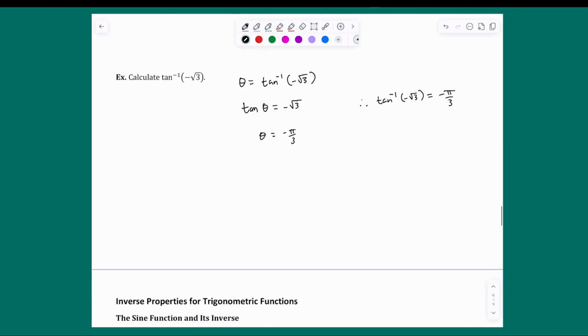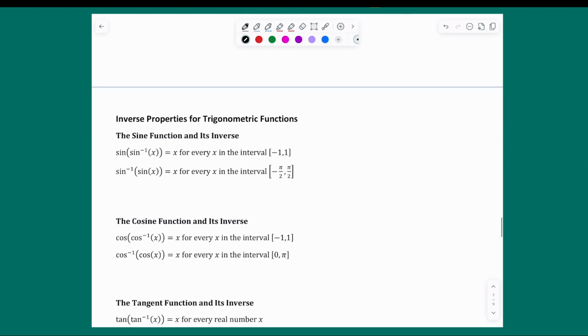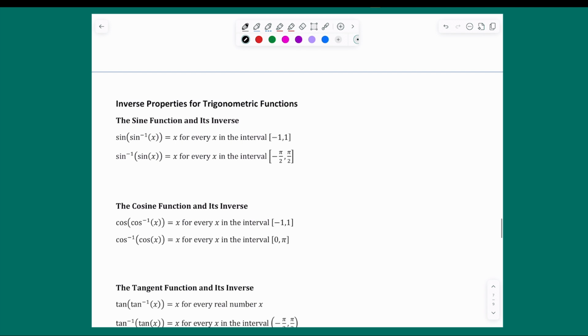Let's see some properties of, I like to call them the inverse properties for trigonometric functions. Before I even go over this, let's just remember that we have these composition properties: f of f inverse of x equals x, and f inverse of f of x is equal to x.